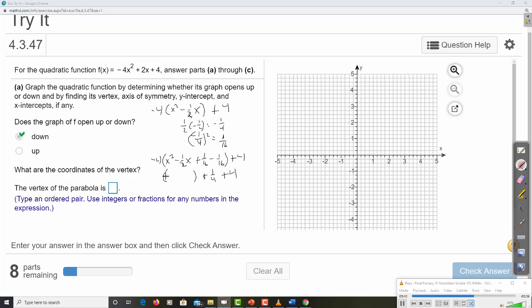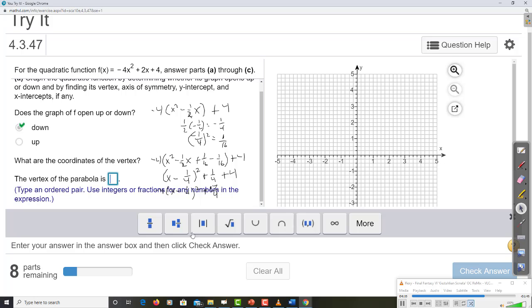Inside here, it'll be x minus, what I got from the half step was 1/4, so x minus 1/4 squared. 4 is 16/4, so that'll be 17/4. And there we go. I forgot my negative 4, but yeah. Our vertex will be at 1/4, 17/4.